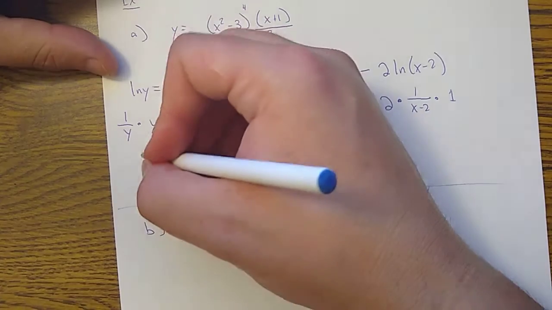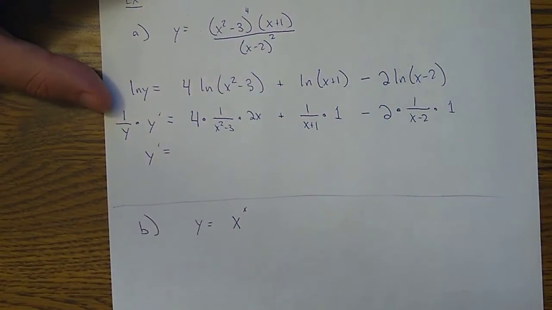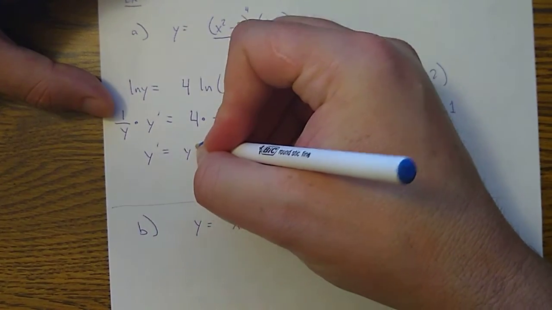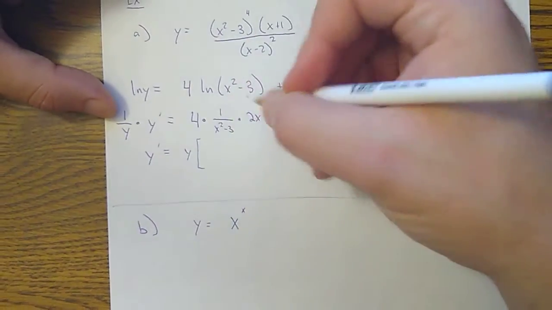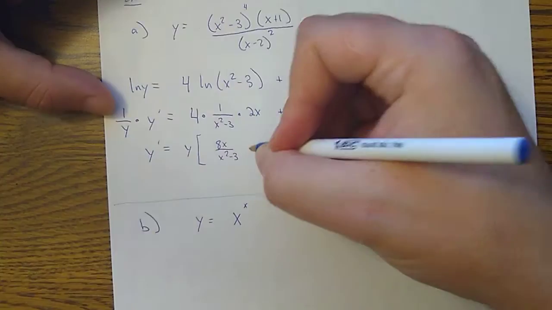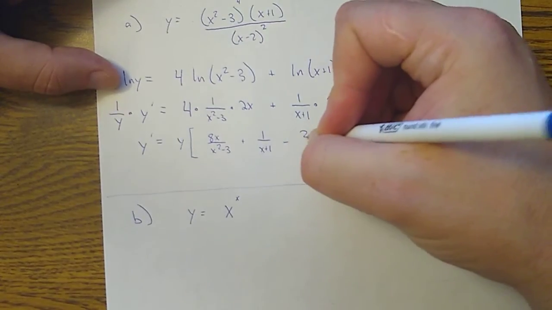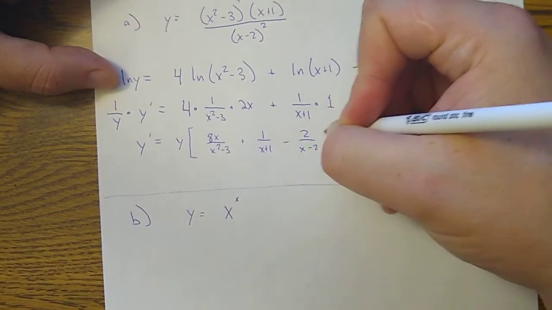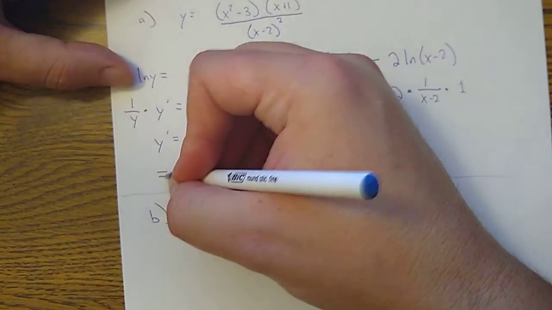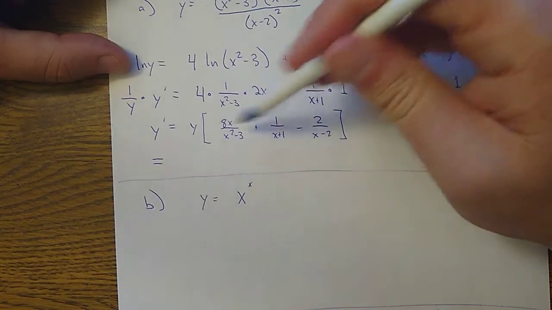Okay. So y prime, I want to solve for y prime, which means I'm just multiplying by y. And let me clean this up a bit. 8x over x squared minus 3, 1 over x plus 1, 2 over x minus 2, like that. Now, one last thing. I want my answer to not have any y's in it.